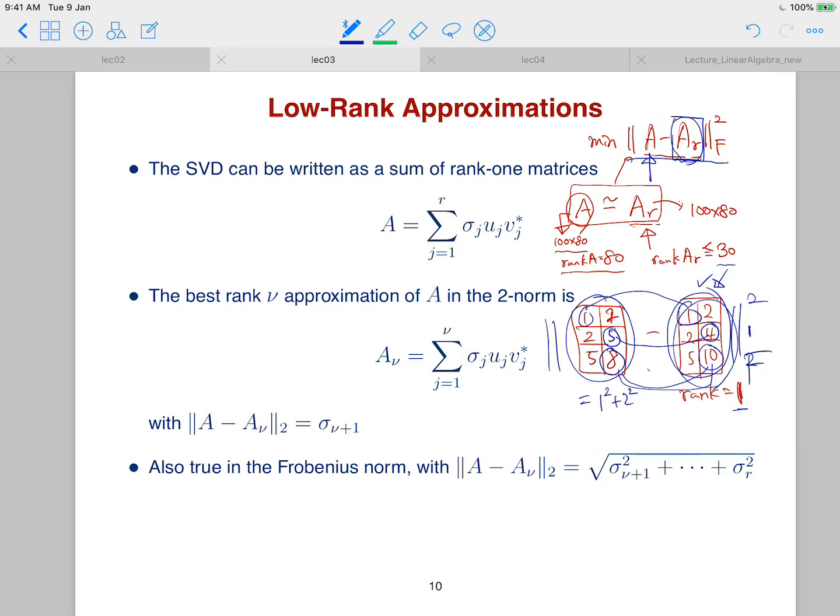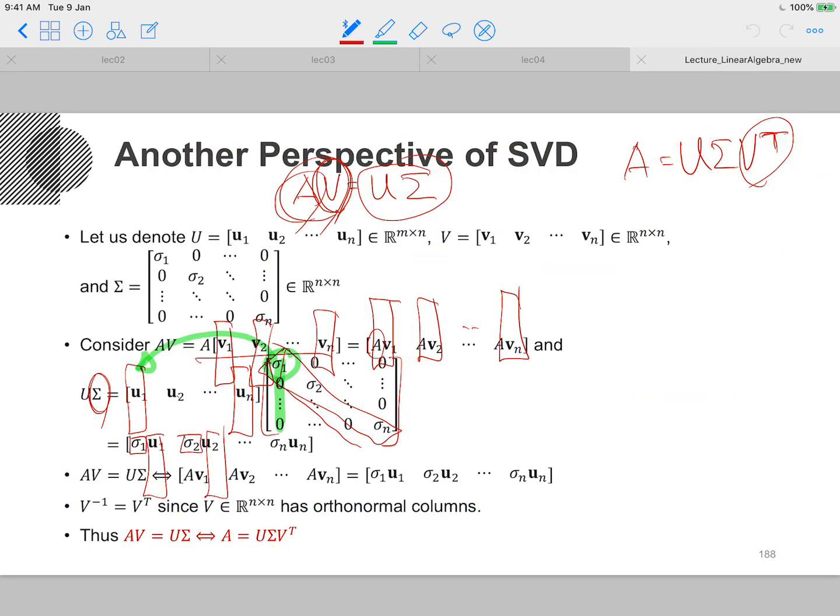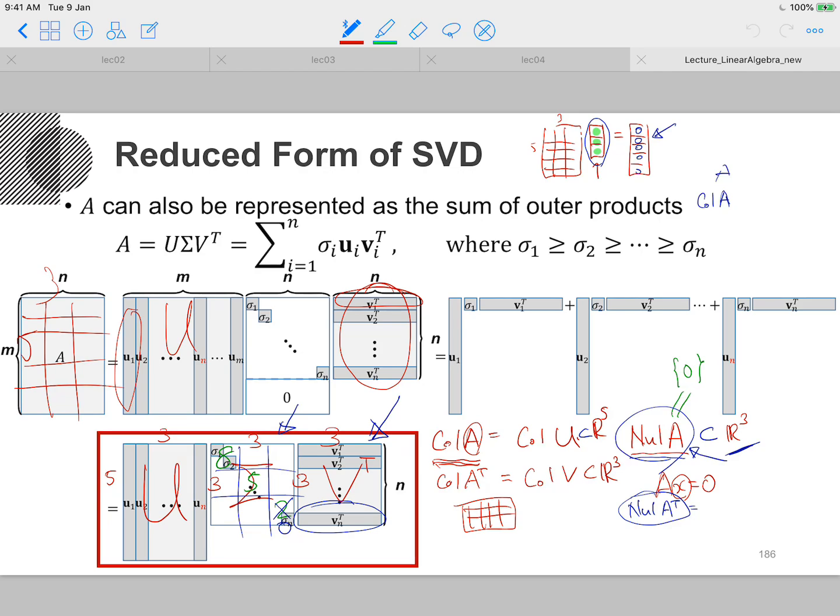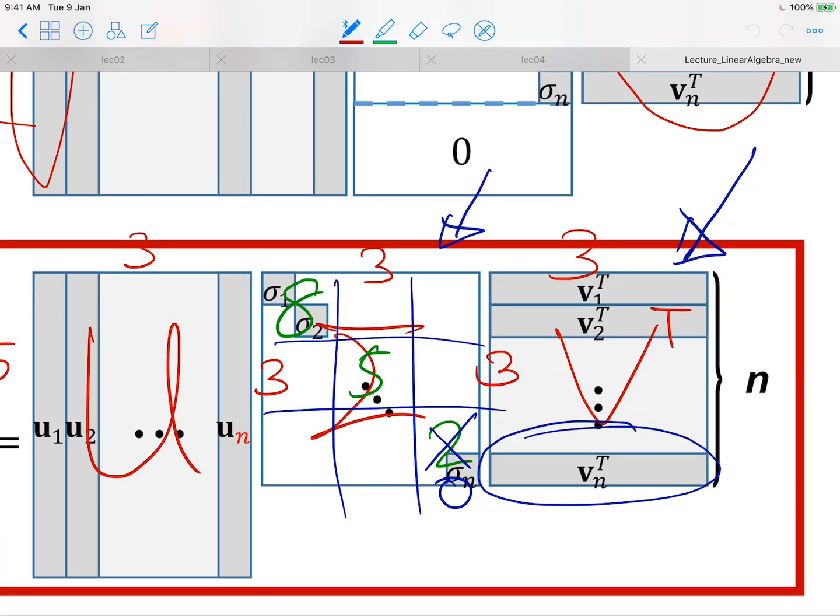So for example, let's use this figure. Let's start with this reduced form of an SVD. And then suppose our low rank is given as maybe 2, for example.